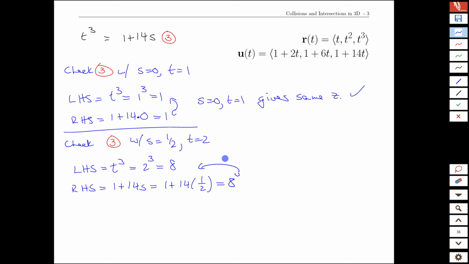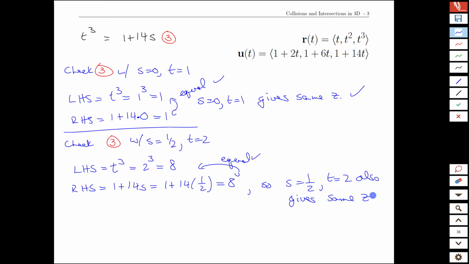These are equal. I should have emphasized that up here as well. So s equals a half, t equals 2 also gives the same z.